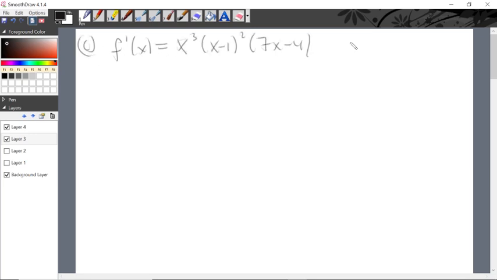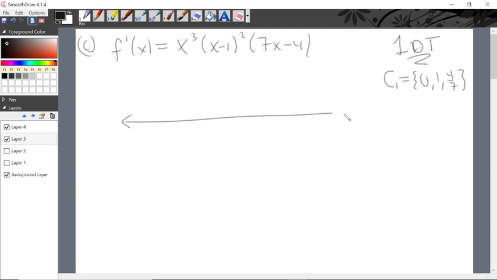This is part C. We're doing the first derivative test, that is testing for local maxima and local minima through use of the increasing and decreasing nature of the function around the critical values. So we have the set of C1s: 0, 1, and 4/7. We're not checking at those values, we're checking around those values. Let's show that geometrically here.